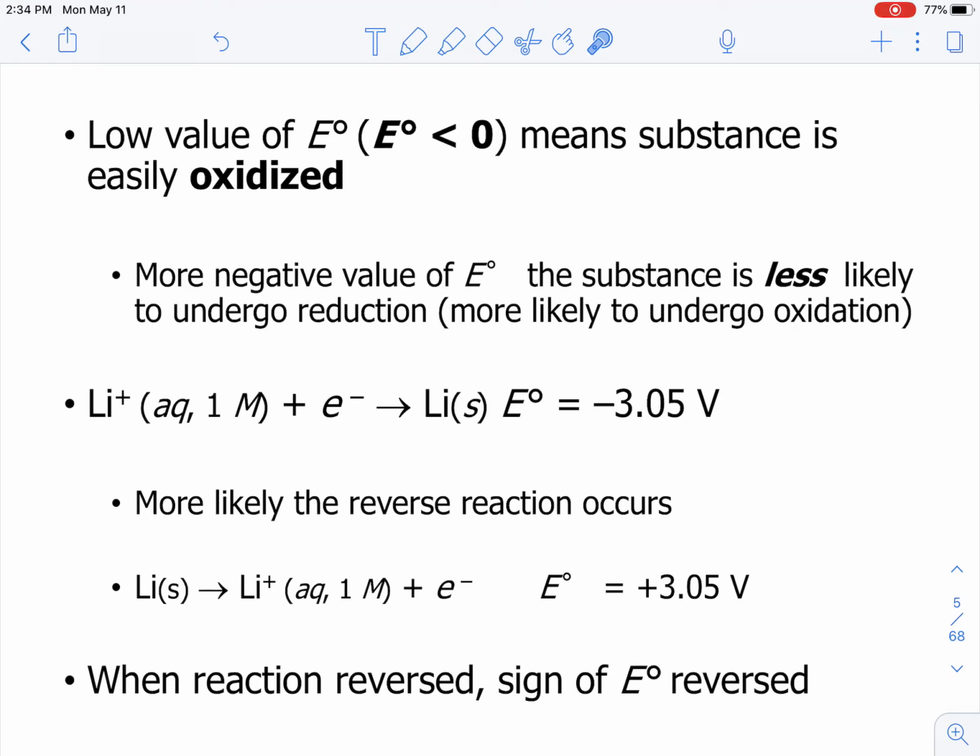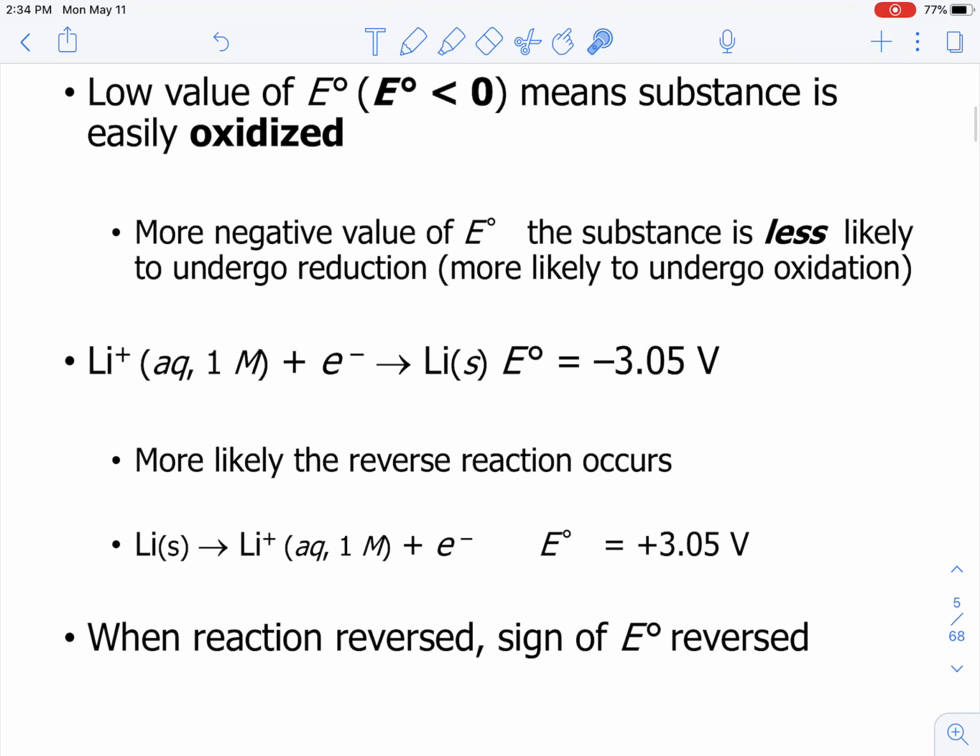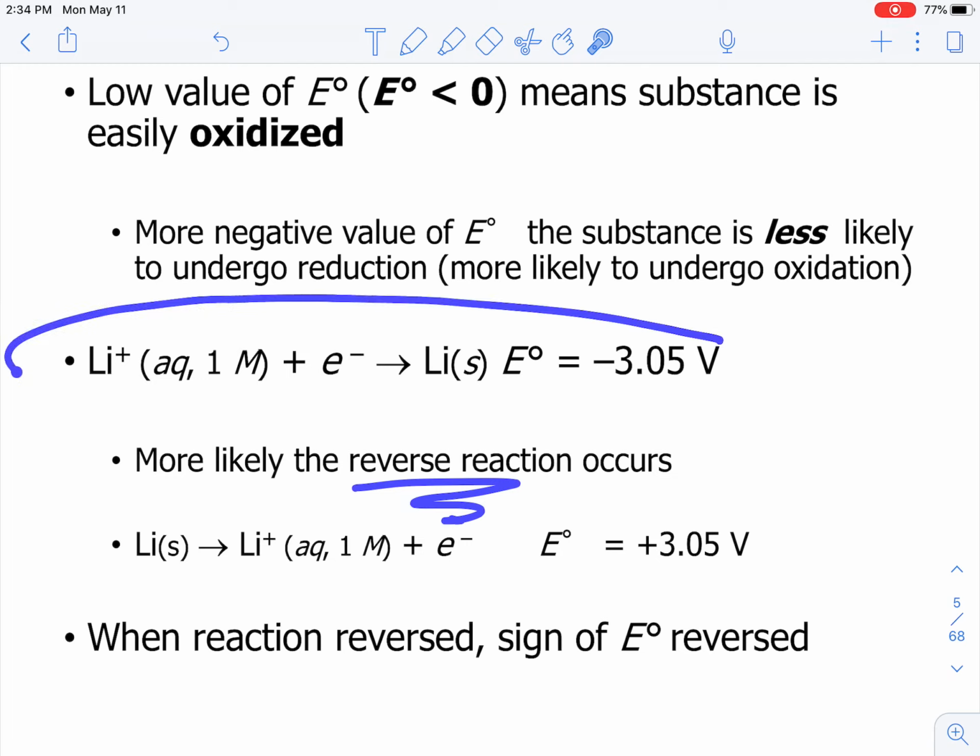So here if lithium ion is gaining that electron, and if this value is negative, then that means that this substance is less likely to undergo reduction, and it's more likely to undergo oxidation. And so it is much more favorable for the reverse reaction to occur.